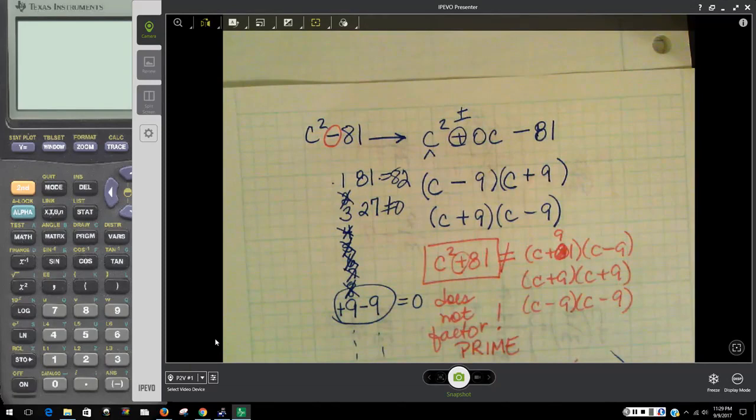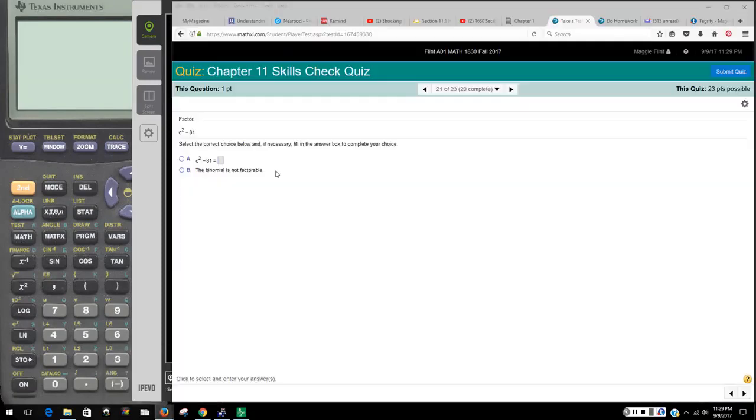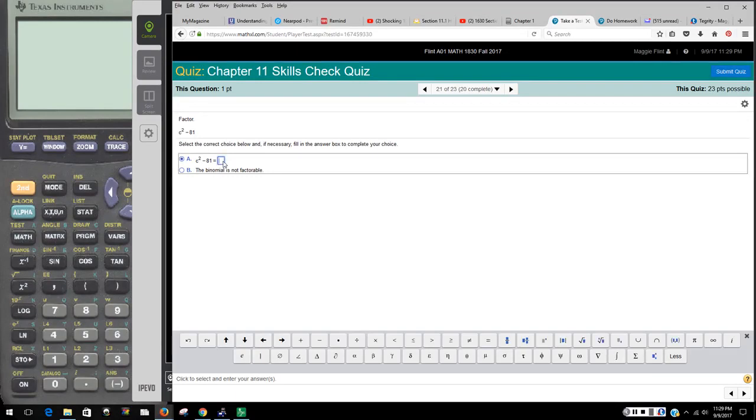But c squared minus 81 does factor. And its factors are c plus 9 and c minus 9.